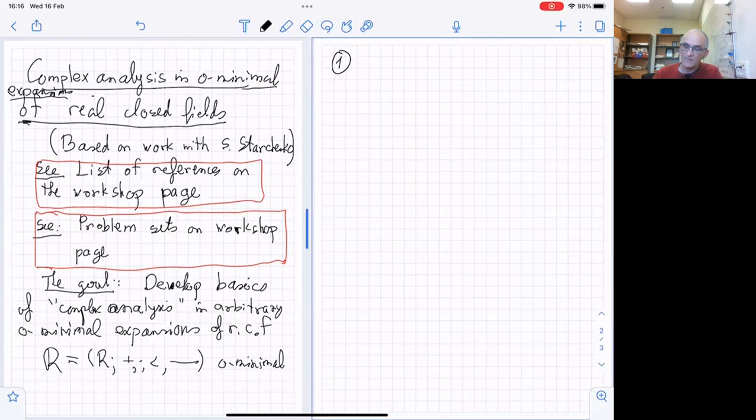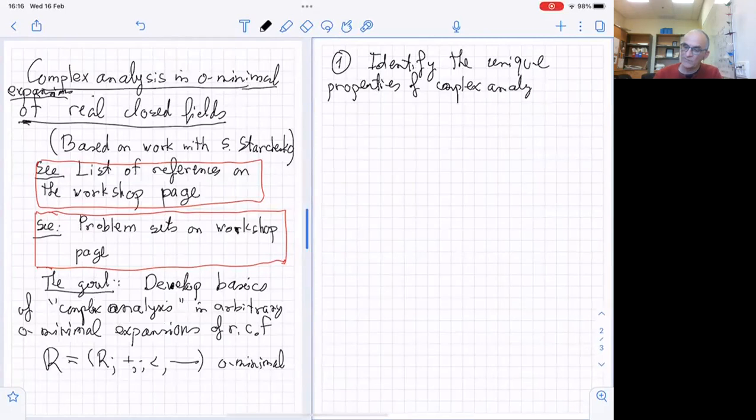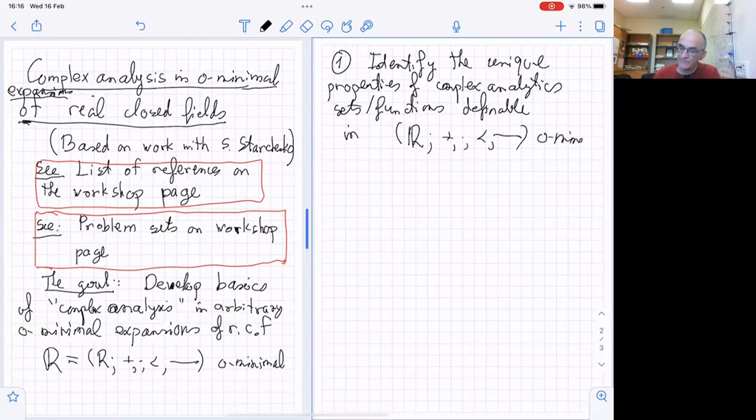First thing, we will identify in this way, in particular, the unique properties of complex analytic, real complex analytic sets, functions, which are definable in structures over the reals, which are o-minimal.